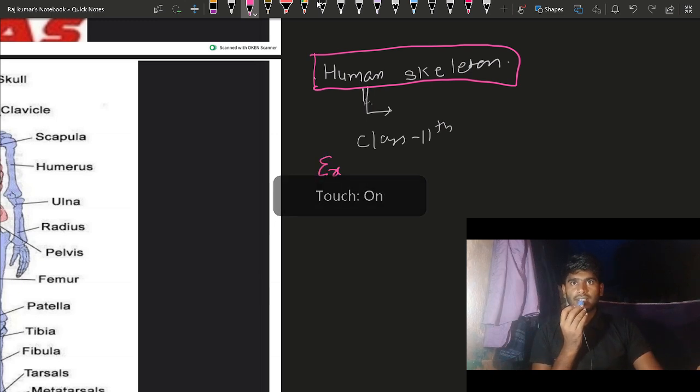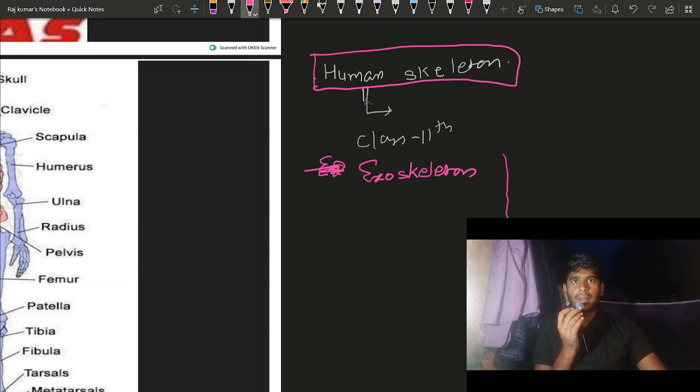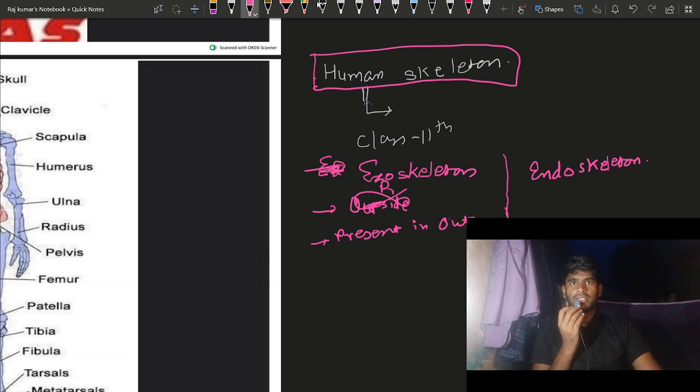See, there are two types of skeleton system: exoskeleton and endoskeleton. The meaning of exoskeleton is present outside, and endoskeleton is present inside.